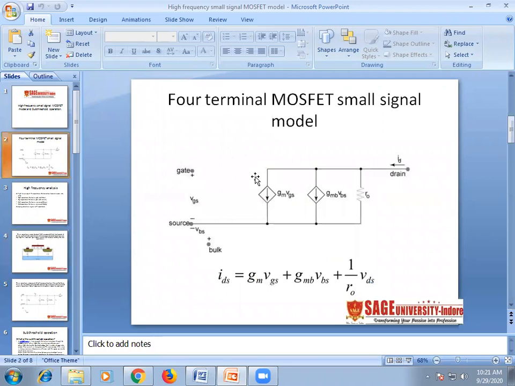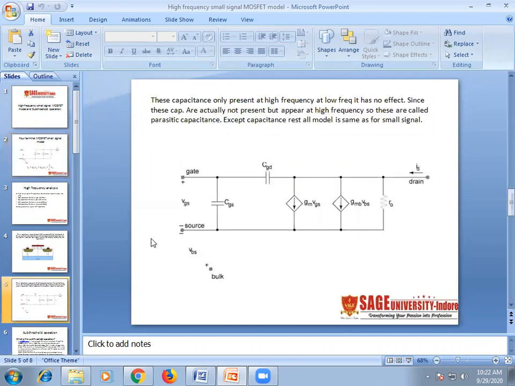In that we haven't connected any of the terminals with a capacitance, but for high frequency we'll have to connect gate to source and gate to drain with those capacitances. So remember, this is the model at high frequency. The earlier model where no capacitance was there was the same as the small signal model. What we have done is included the two prominent capacitances.